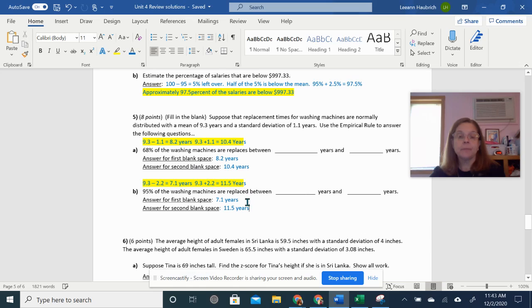This is saying that 95% of the washing machines are going to be replaced between 7.1 years and 11.5 years. The top one is saying 68% of the washing machines will be replaced between 8.2 years and 10.4 years. So that's what the average is going right now. Anything to make money, I guess.